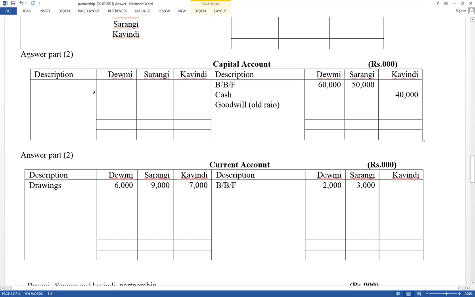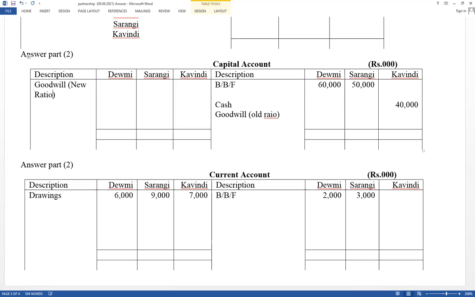And as goodwill, new ratio debit. Therefore, debit the partners' capital accounts by using the new ratio, as goodwill. Old ratio credit, new ratio debit.